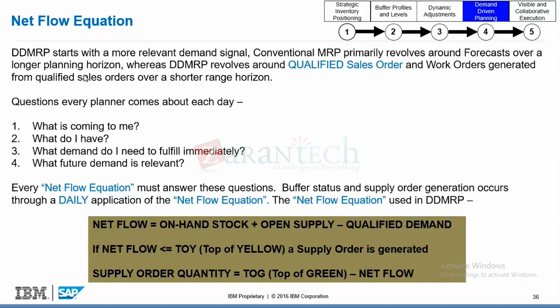Qualified demand is the actual demand, not the forecast demand. Now, if net flow is less than top of yellow, a supply order is generated. And the supply order quantity will be top of green minus net flow.